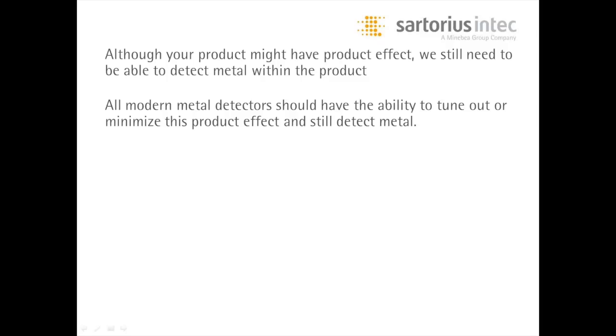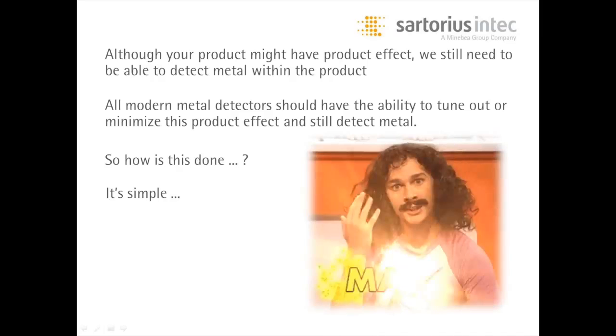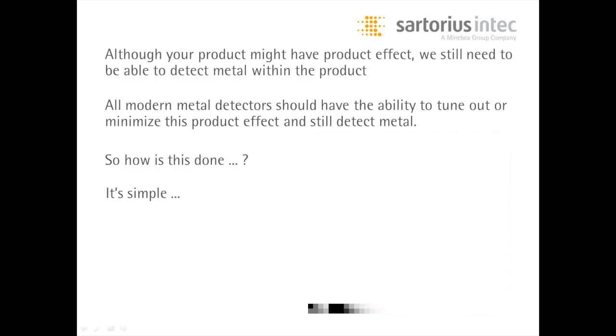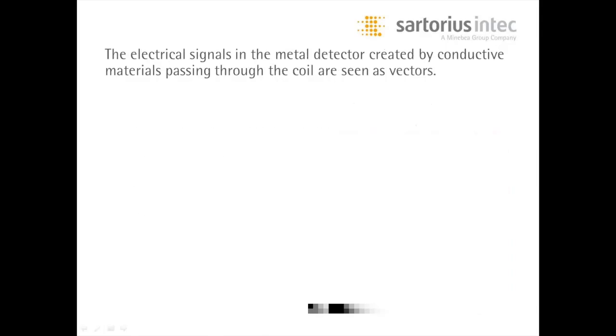All modern metal detectors should have the ability to tune out or minimize this product effect and still detect the metal. Here we go again. So how is this done? It's simple. It's magic. Okay, not magic, but again, physics.